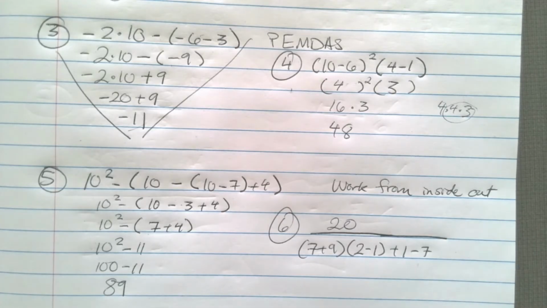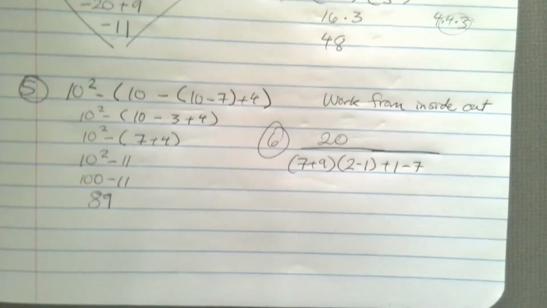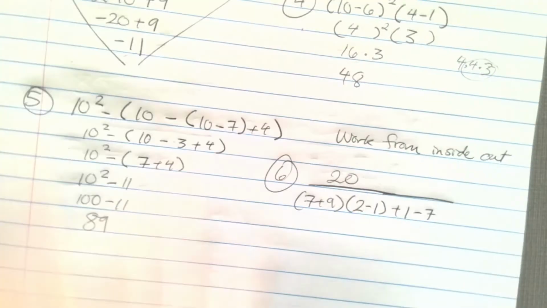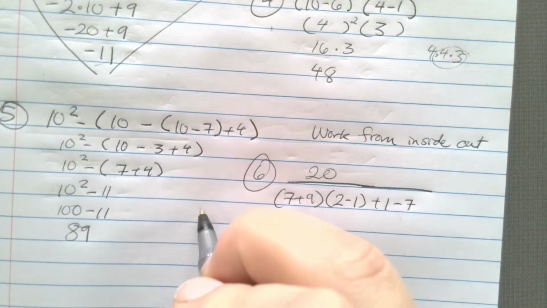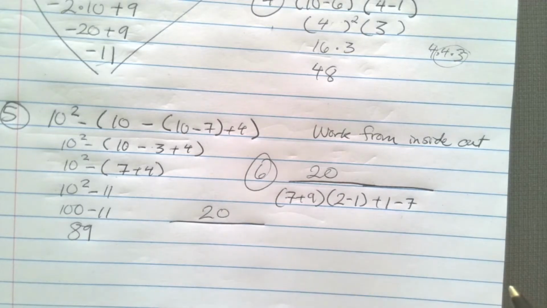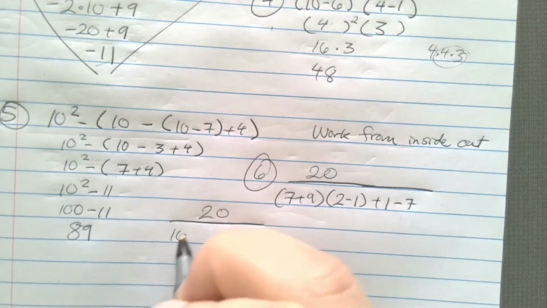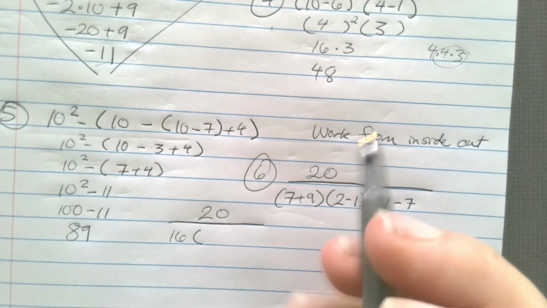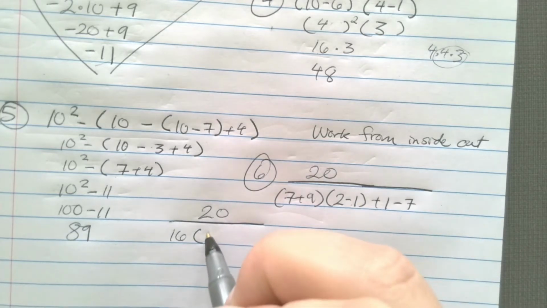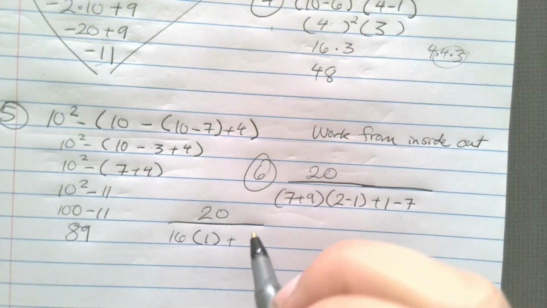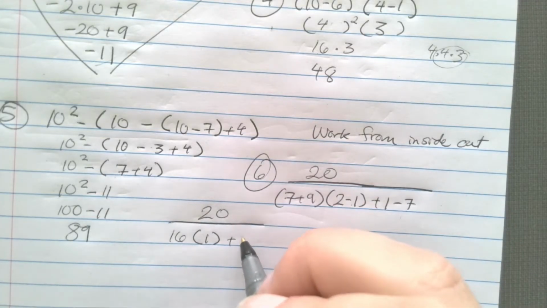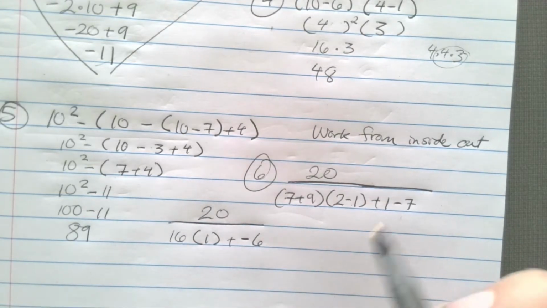Okay, this one just looks scary, but it's actually pretty easy. Just do one thing at a time. What's 7 plus 9? Okay. What's 2 take away 1? What's 1 take away 7? Negative 6, yep.